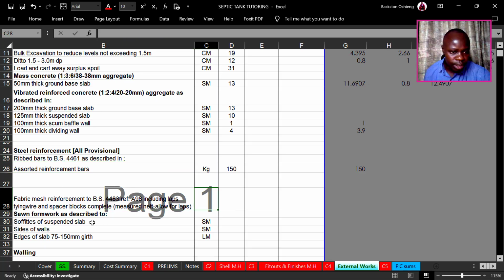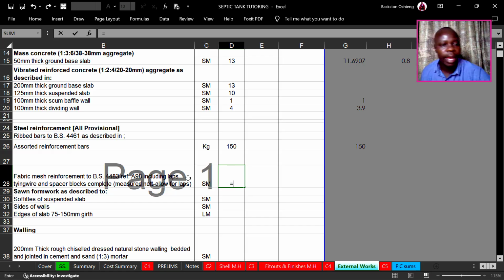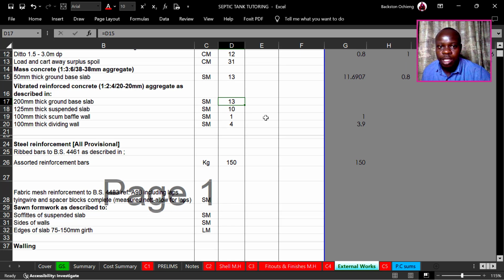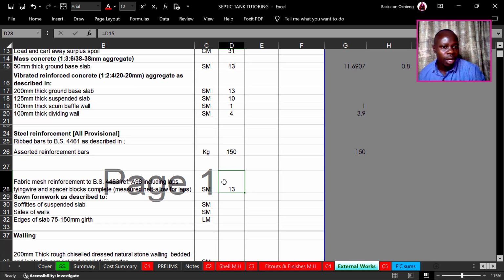In this case, the unit of measurement is square meters, okay? The area is for the ground base slab, let me just confirm, the total is 13, which was the area for all the base slabs combined.